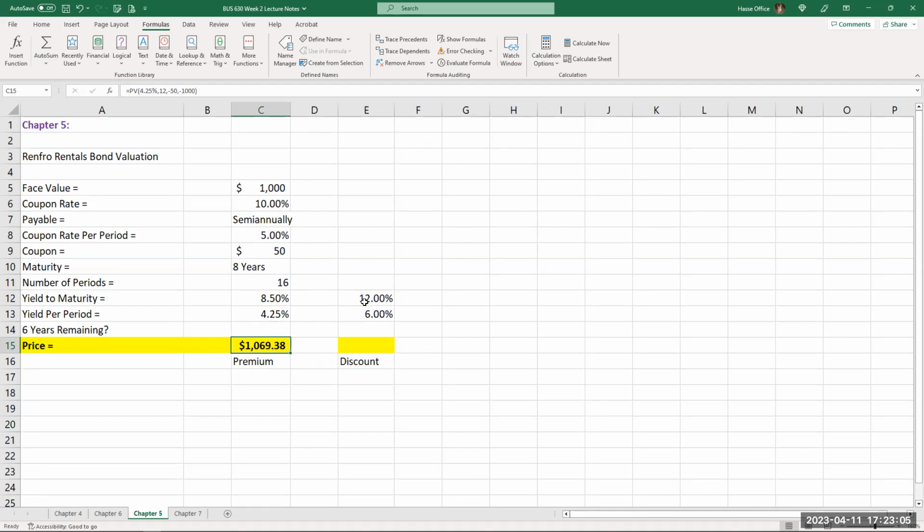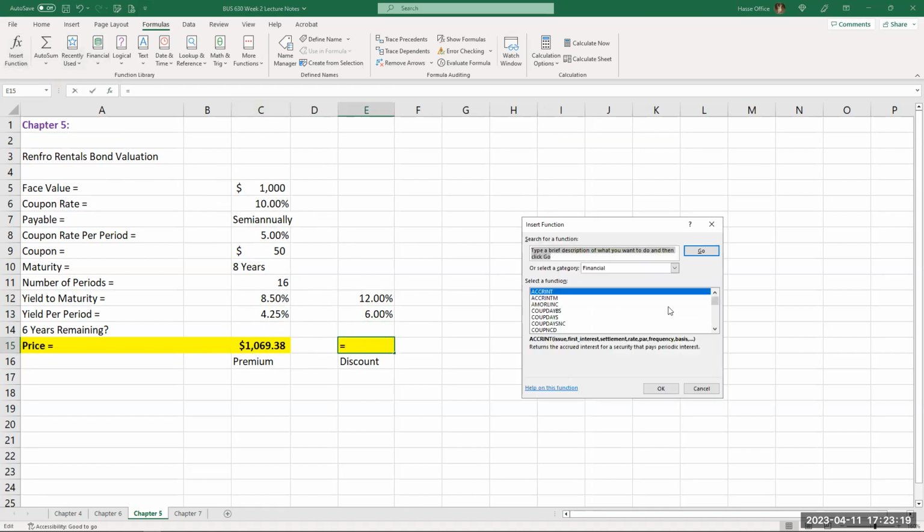When the yield to maturity is higher, 12% compared to the coupon of 10%, that's 6% per period, 6 months. So again, we do the same calculation. Formula, function, present value under the financial category.